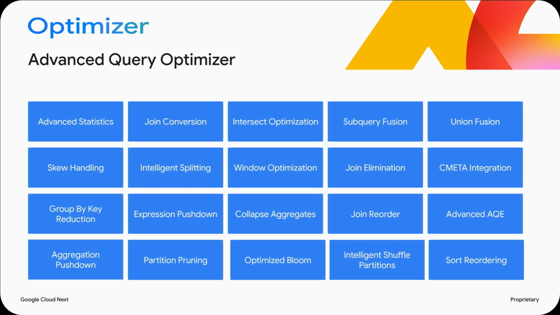Third, we collect statistics from Iceberg and Delta manifest files. Fourth, we have developed techniques to collect additional statistics from the runtime. So we collect statistics in the shuffle phases. And fifth, we use columnar metadata, which is called CMeta, to collect advanced statistics. With all these statistics, we were able to develop 30+ advanced optimizer rules. A glimpse of it is here, but I don't want to call out everything. And we will try to deep dive into some of those.